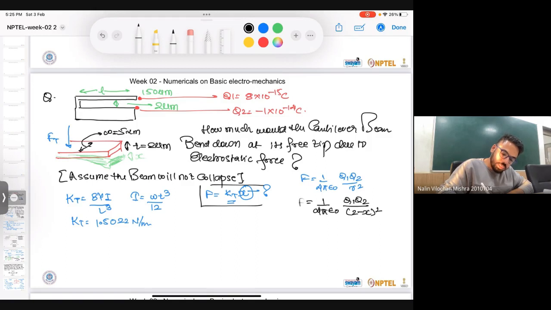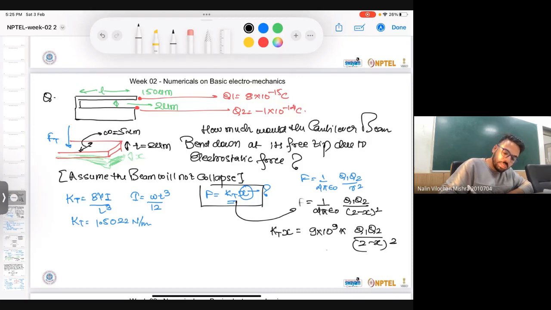So we will put this in, and finally it will be the value of charges q1 q2 by (2 minus x) squared.